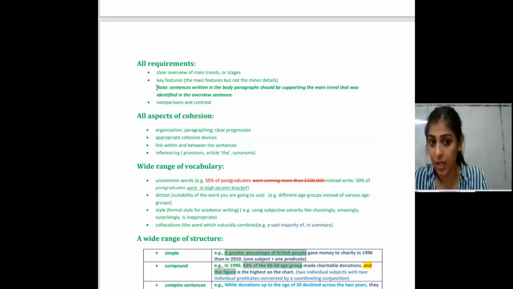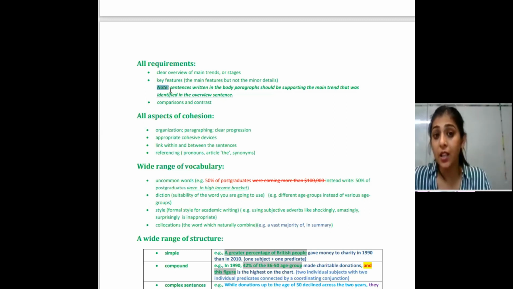See, on the screen, if you can see, here is something written after the word note. The note says, sentences written in the body paragraph should be supporting the main trend that was identified in the overview sentence, which means that the overview is about the main trends in the illustration that you are seeing.